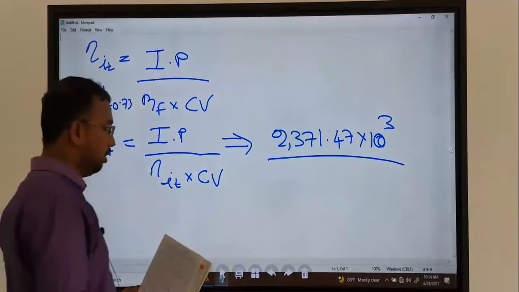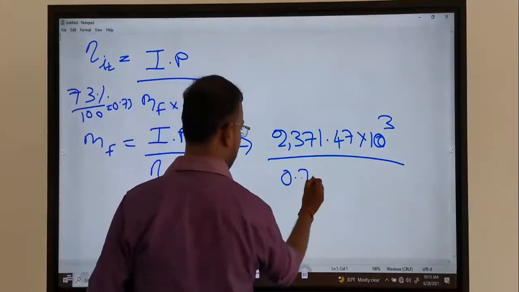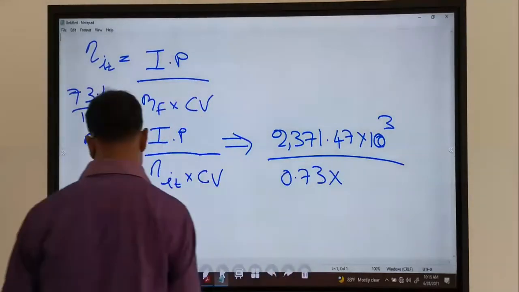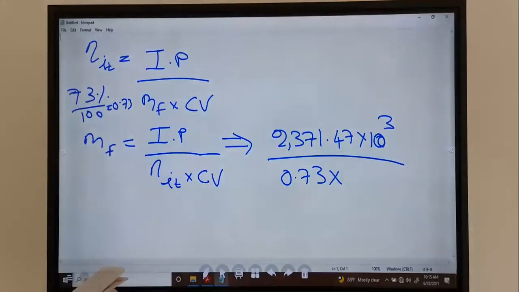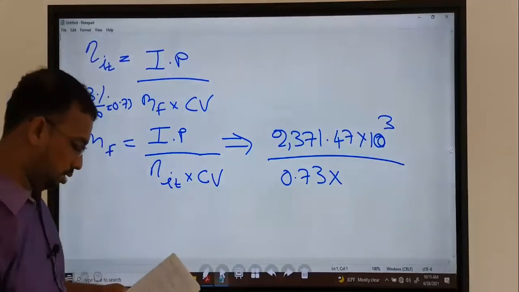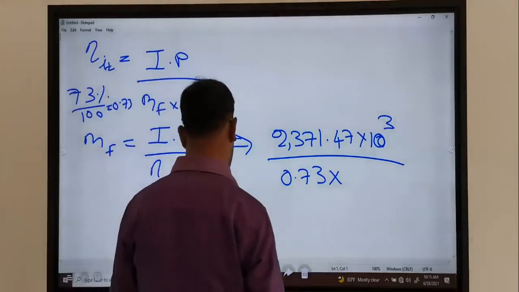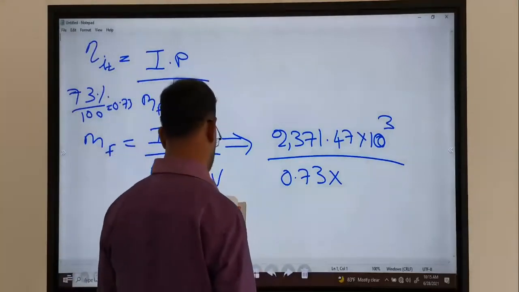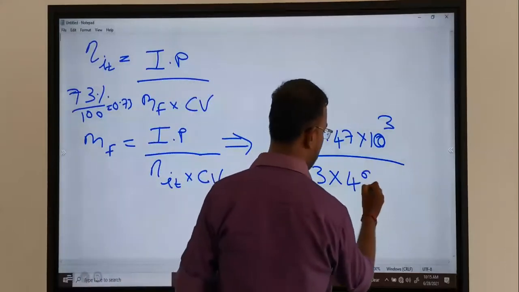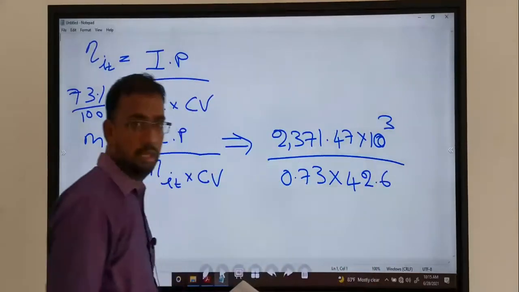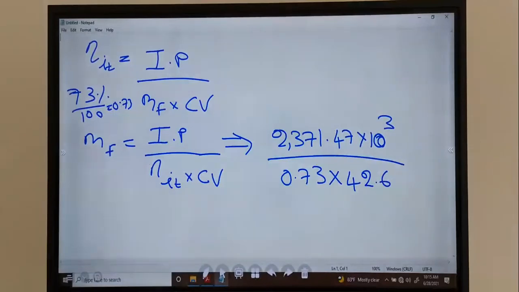Substitute 0.73. Then the CV value we know, 42.6, that means megajoule.